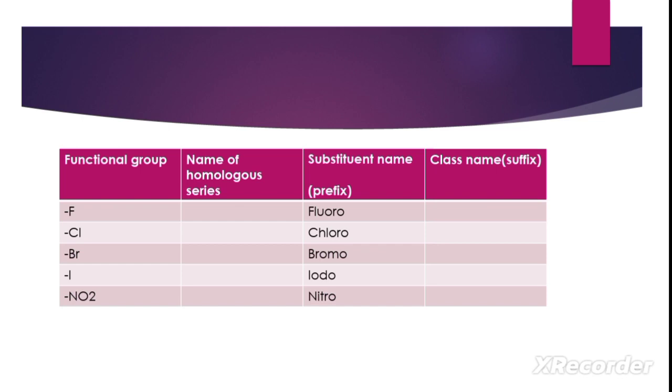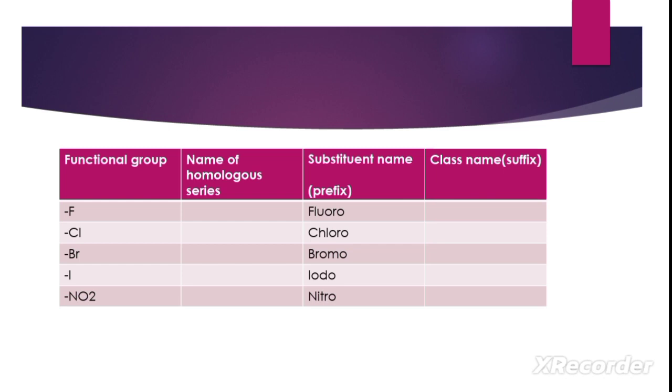Here, for the functional groups fluorine, chlorine, bromine, iodine and NO2, there is no homologous series, right? So there is no class name. The substituent names are fluoro, chloro, bromo, iodo, nitro.